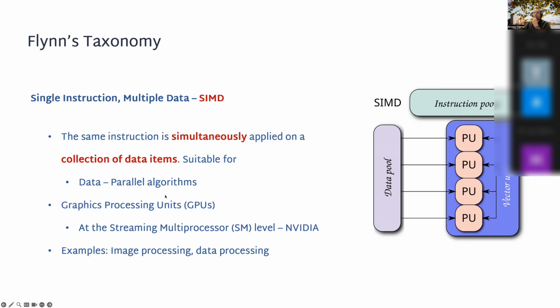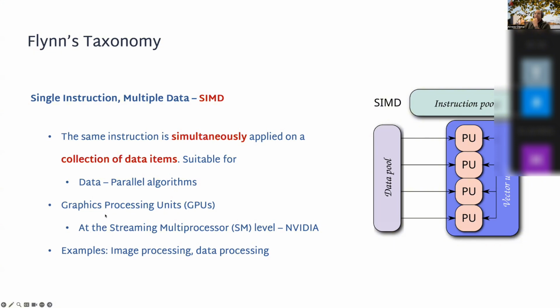Which is quite perfect when you have GPUs, and GPUs basically perform these single instruction, multiple data operations, or as NVIDIA calls it, single instruction, multiple threads, where you have a single instruction and you use it on different threads.